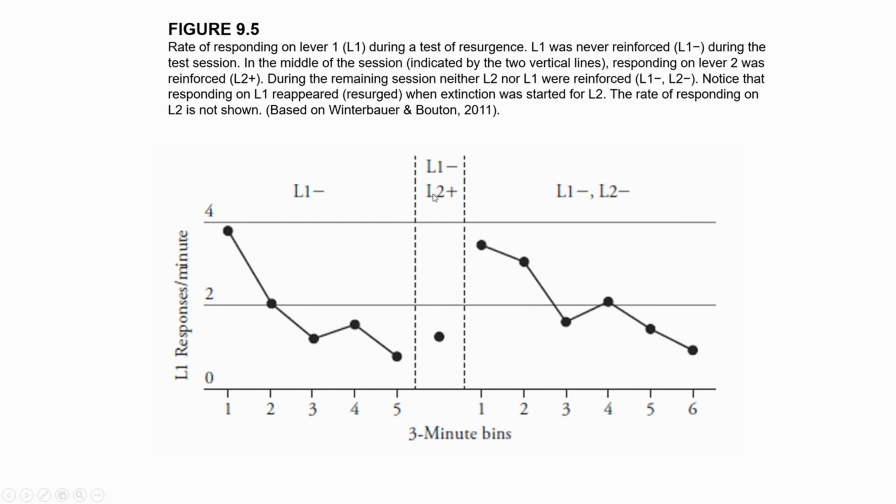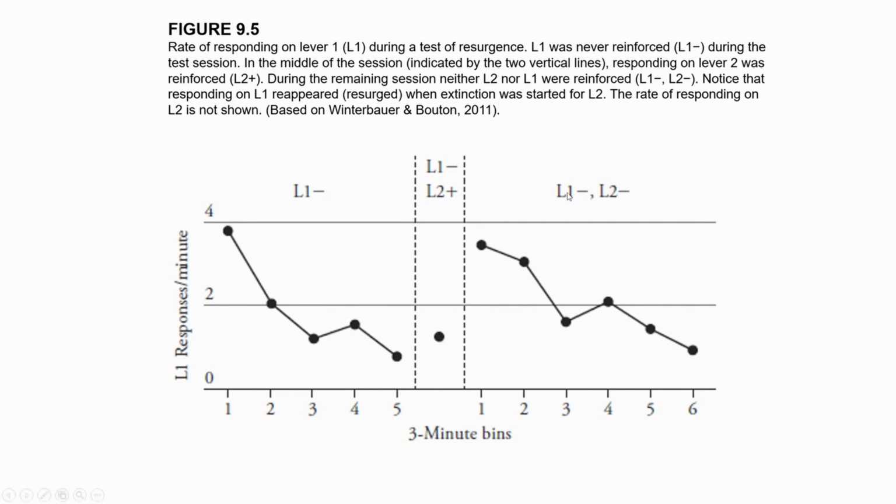Then we enter a new stage where lever 1 is still not being reinforced. It's still L1 minus, but we introduce that lever 2 can get you reinforcement. So the idea here is that if you press lever 2, you will get food. Because lever 1 is still not being reinforced, our pressing of lever 1 stays fairly low.